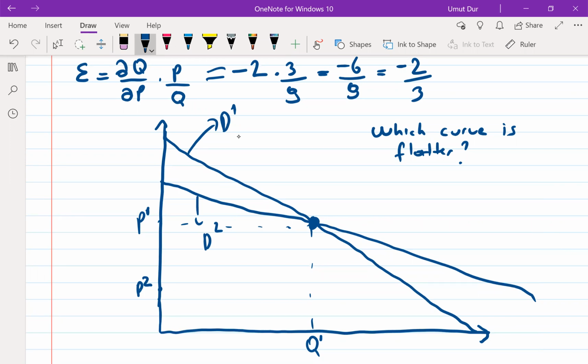I will find the corresponding quantity levels. This will be Q2 for demand 1, and this is Q2 for demand 2.